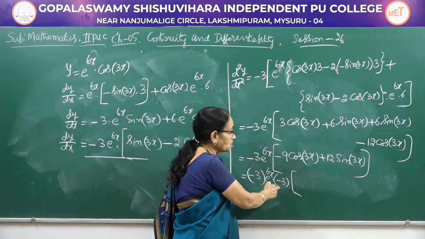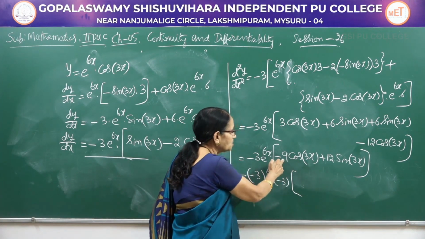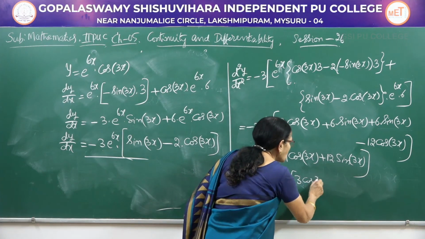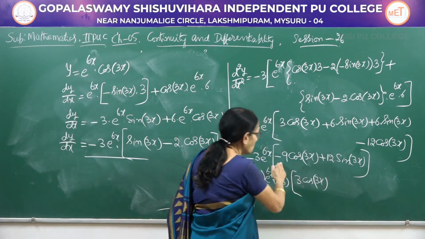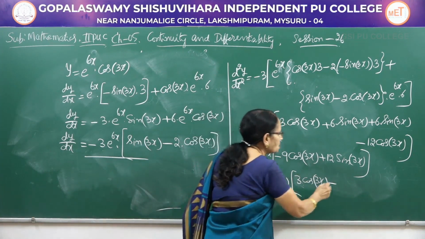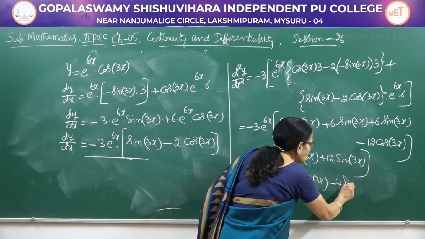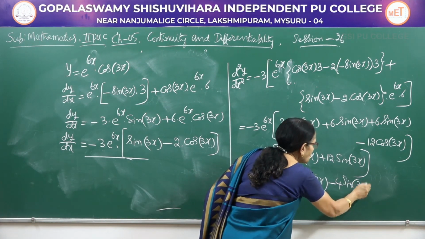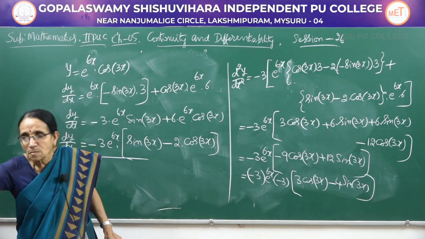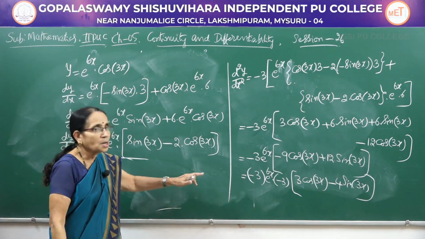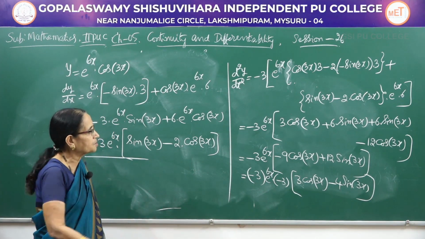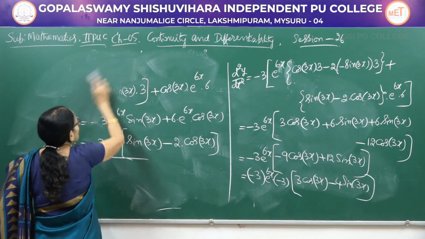So, when the minus sign is taken out, now it becomes plus. Minus 3 is there, means 3 is remaining, 3 into cos of 3x. Now, minus has come outside, means this plus becomes minus. 3 has been taken outside, 4 is remaining, 4 times sine of 3x. So, minus 3 was already there, into e power 6x into another minus 3, 3 cos 3x minus 4 sin 3x.